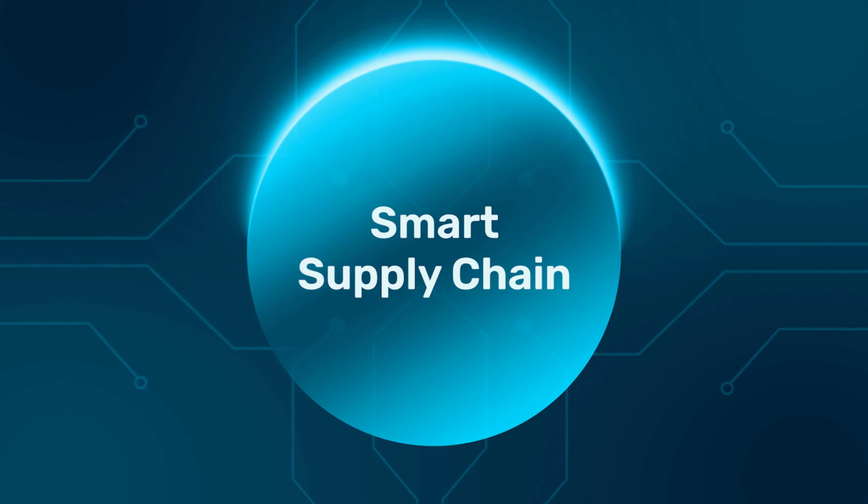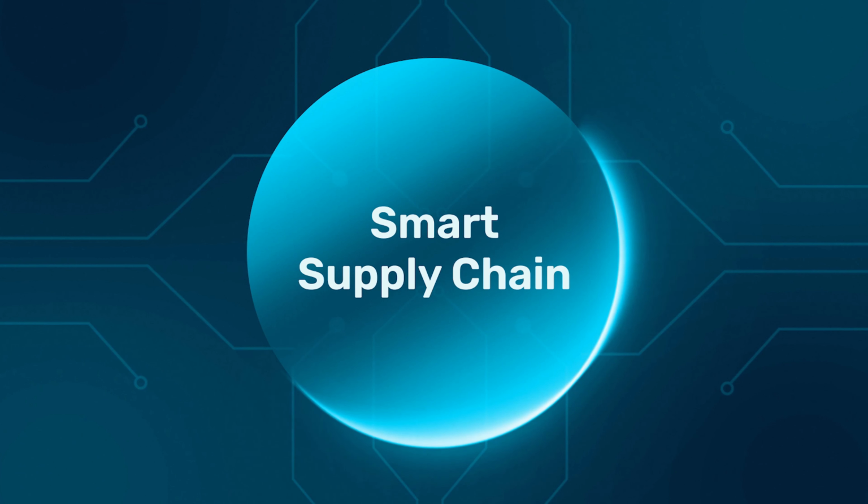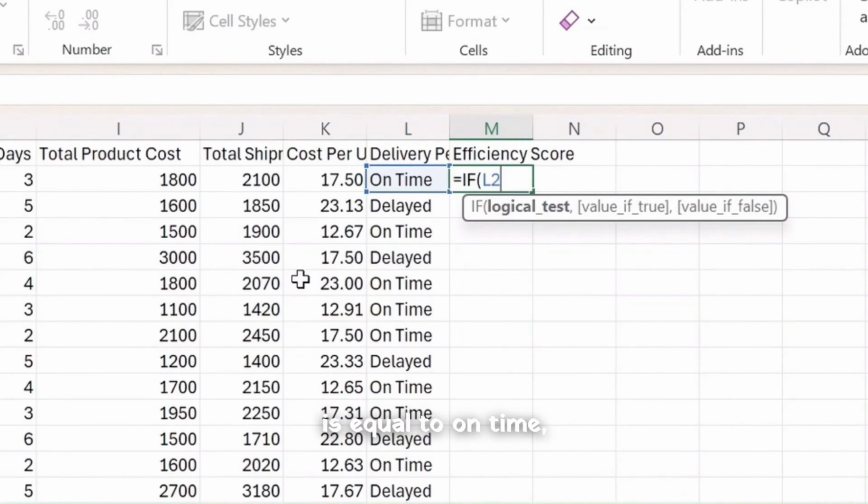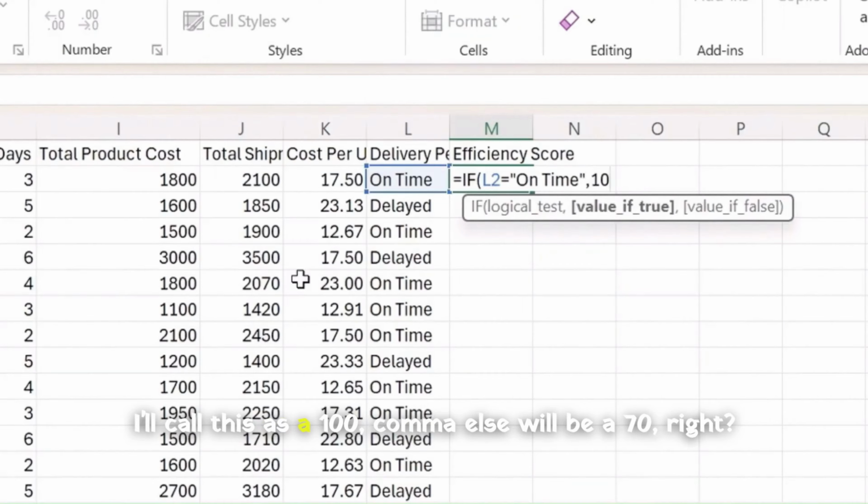Now what we need is a simple KPI measurement. To get that added, I will add a score over here. I will call this the efficiency score. Perfect. Once it is done, we'll again use an IF condition, right? Let's say L2 is equal to On Time, then 100, comma, else 70.